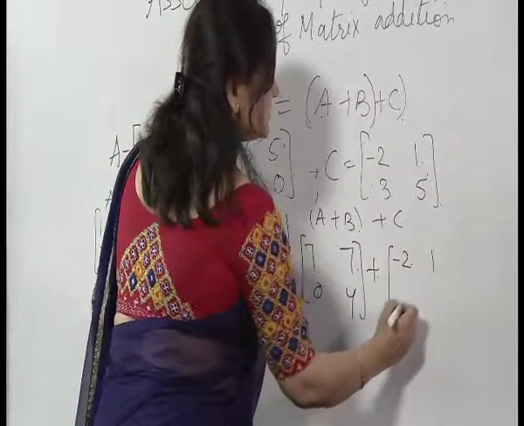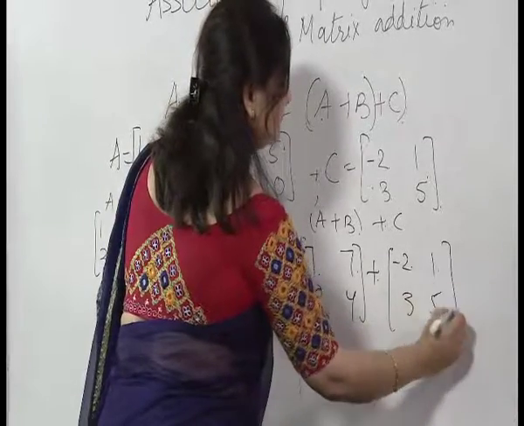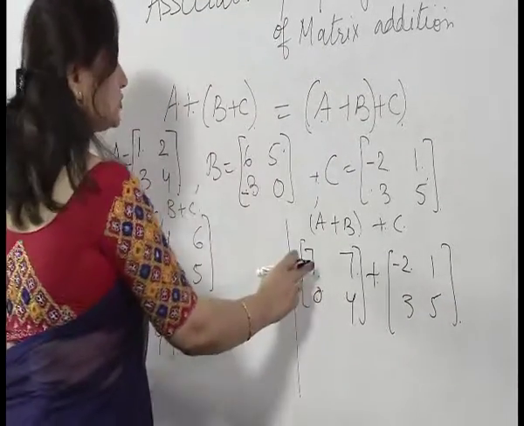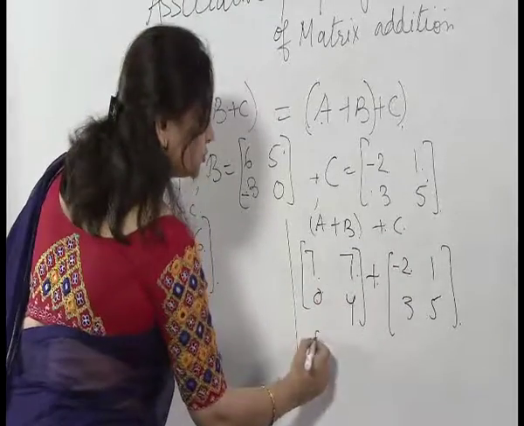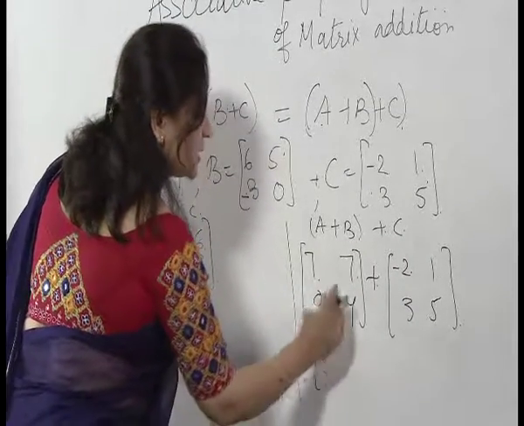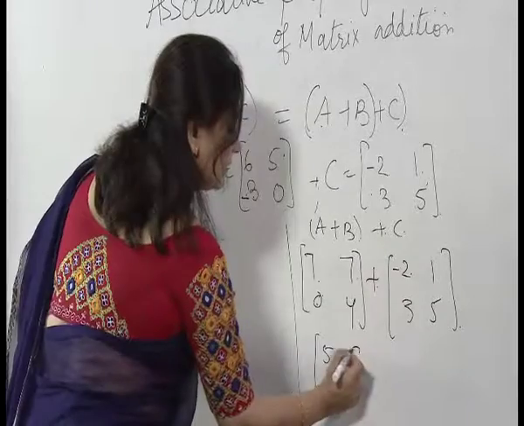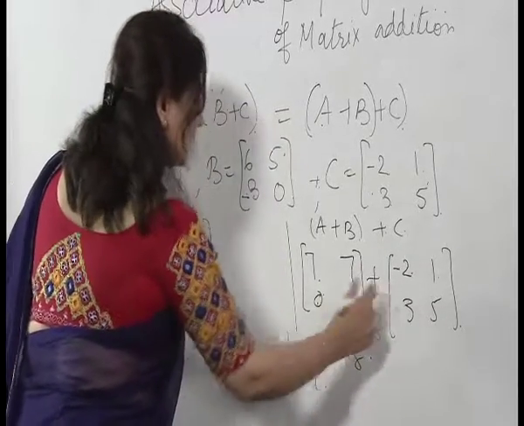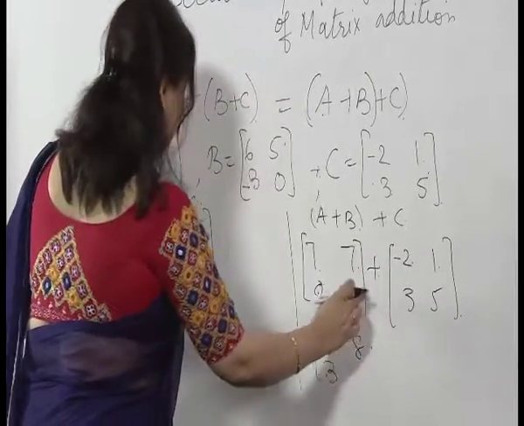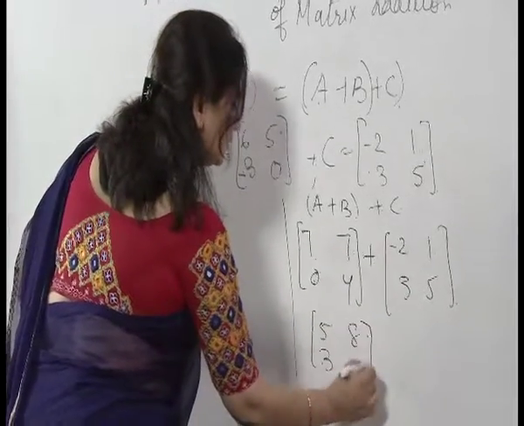And the elements of C I will write here. So 7 minus 2, 5, 7 plus 1, 8, 0 plus 3, 3 and 4 plus 5, 9.